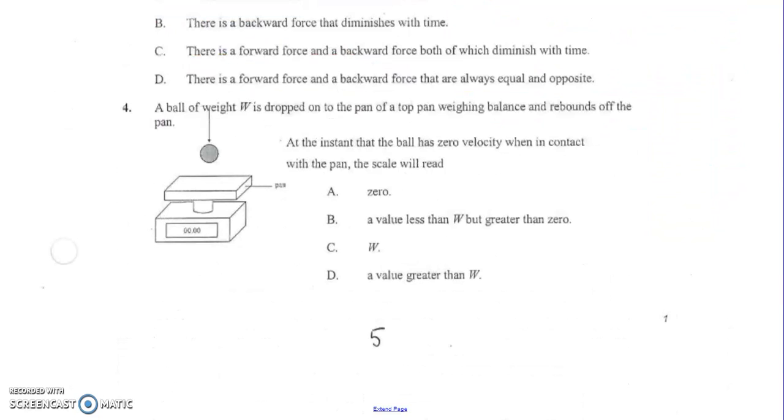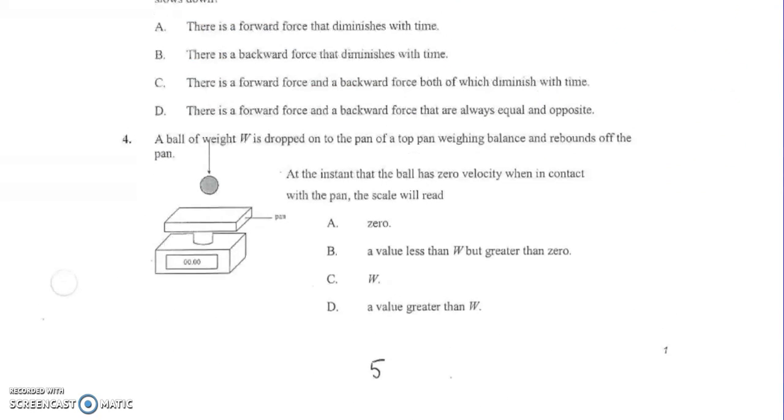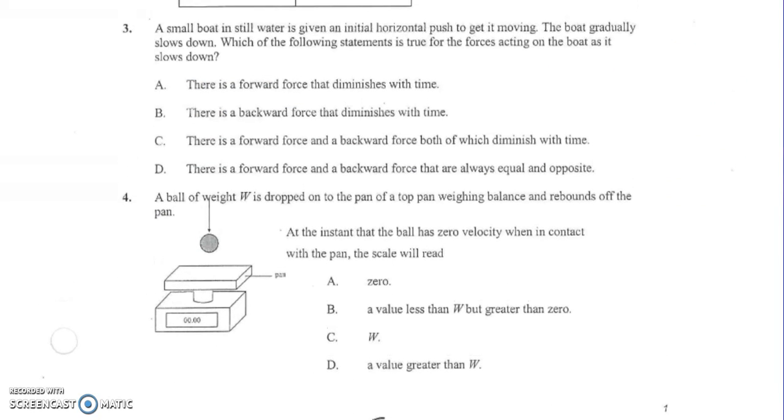Number 3 is we have a small boat in still water, given an initial horizontal push to get it moving. Okay, notice that we're not going to keep on pushing it. The boat gradually slows down. Okay, so what I know is that there's no longer a forward force after the initial push. So anything that is talking about a forward force is incorrect.